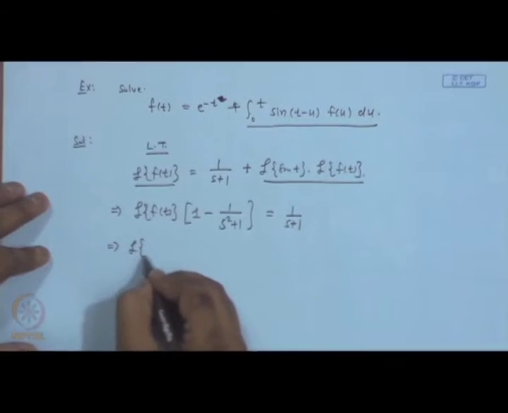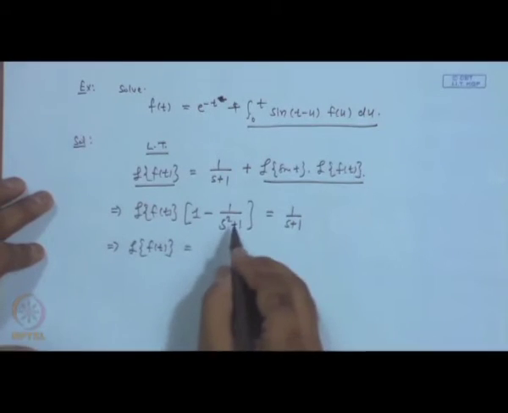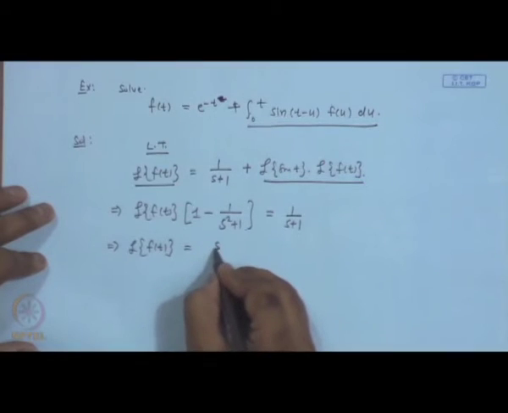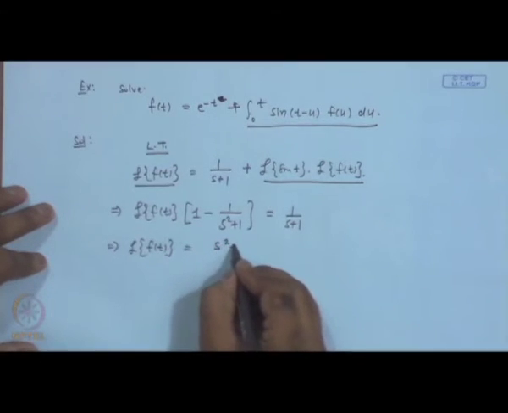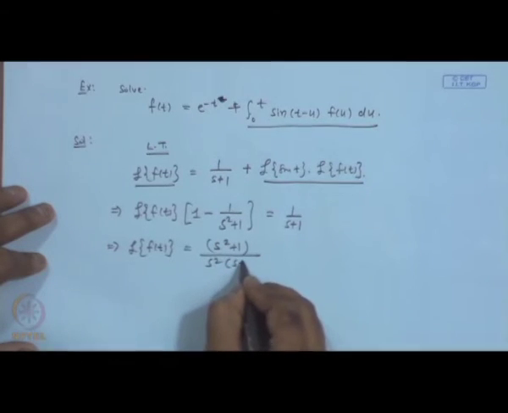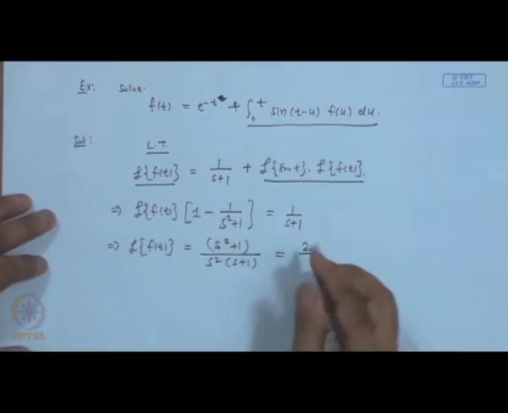So, we get the Laplace of f(t) equal to s square plus 1 minus 1, so we have s square. The right hand side we can take as (s square plus 1) over s square times (s plus 1). Again the partial fraction, this step I skip.